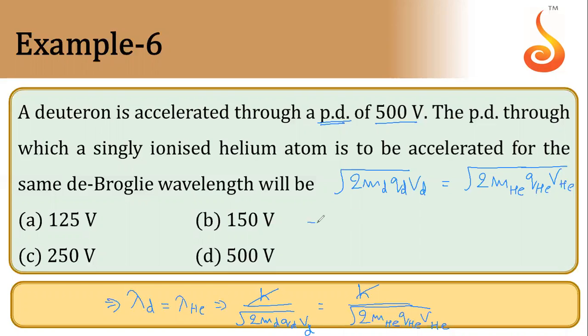Now we have to square on both sides, or you can say cancel out this 2. So mass of deuteron, charge of deuteron, potential difference through which it is accelerated, equals mass of helium, charge of helium, and potential difference through which helium has to be accelerated.